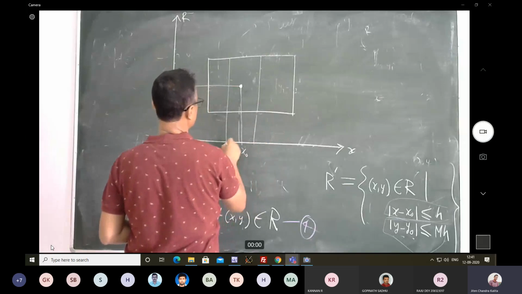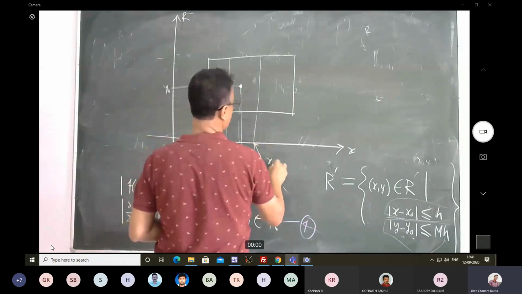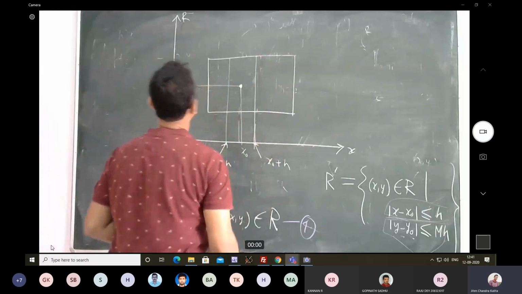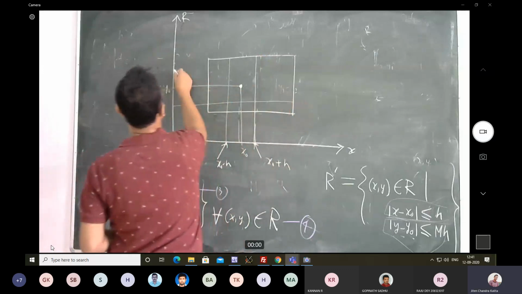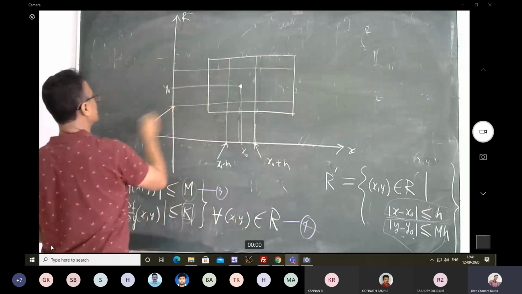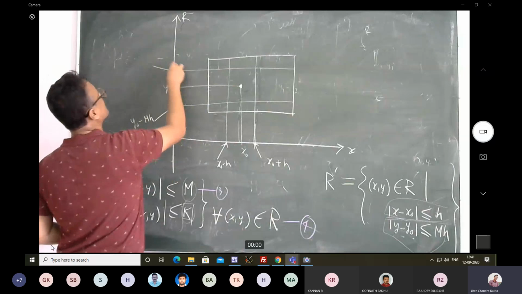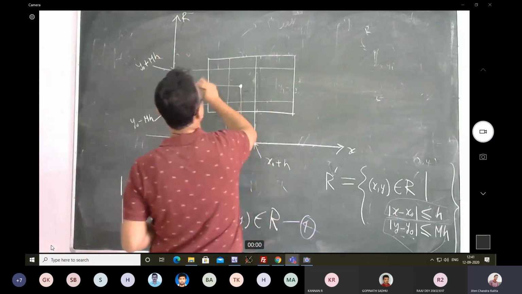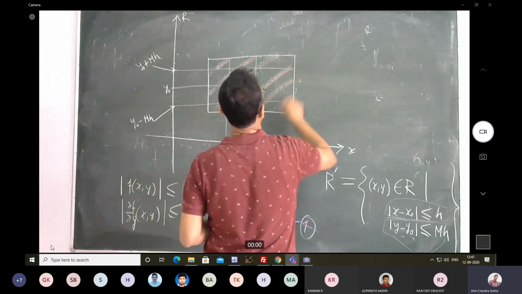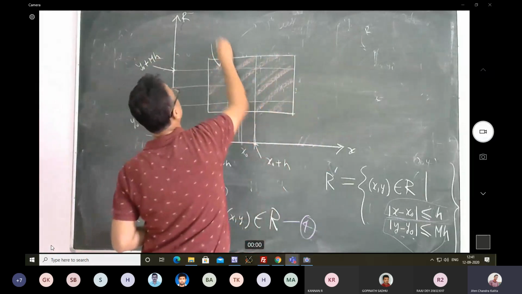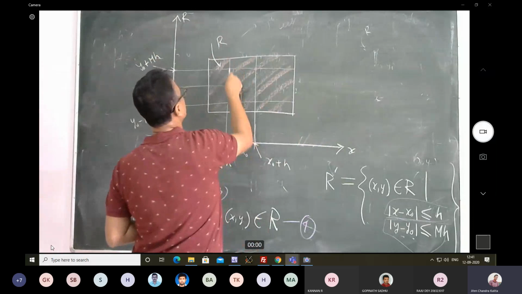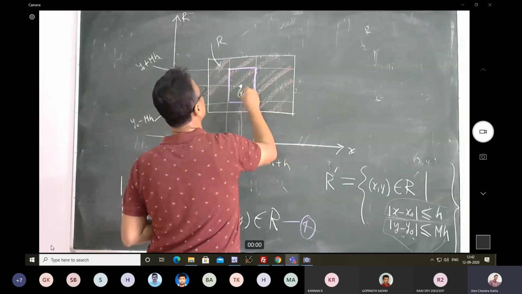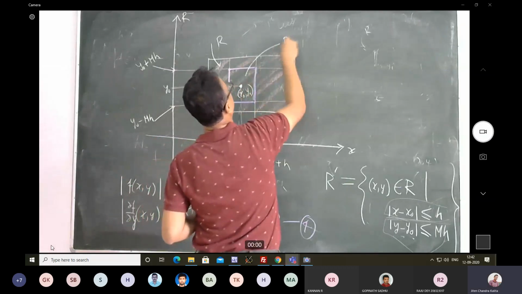Suppose this is x naught minus h, this is x naught plus h, and this is y naught minus m h, this is y naught plus m h. So if the bigger rectangle is R, then this is my rectangle R prime.